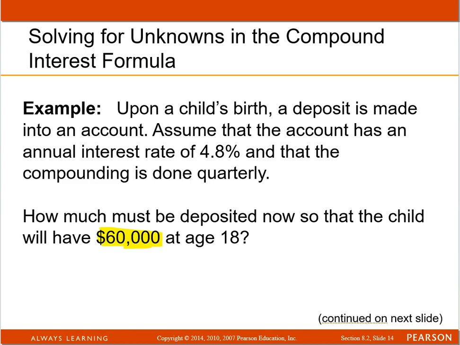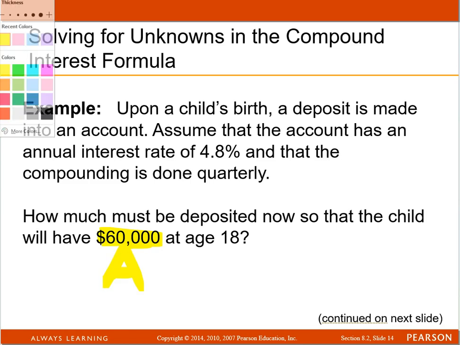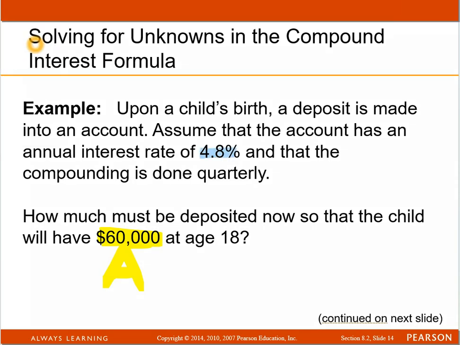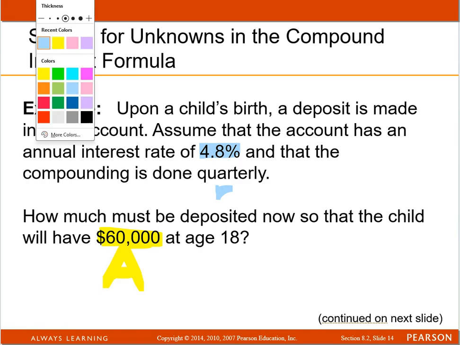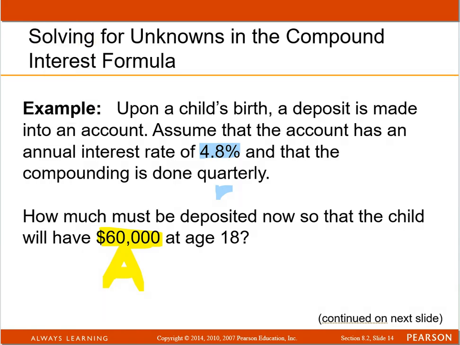So when I'm reading this, I'm like, I don't know what color to use. This is A. That's in the future. And our interest rate, that's our little R. And then what else we got here? Compounding is done quarterly, so that's our M. M is a 4. And time.